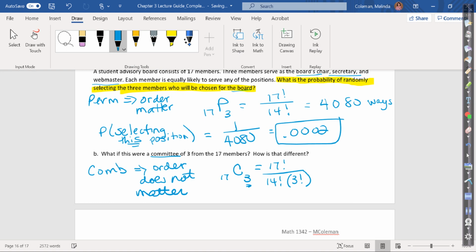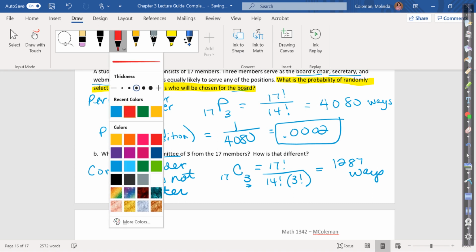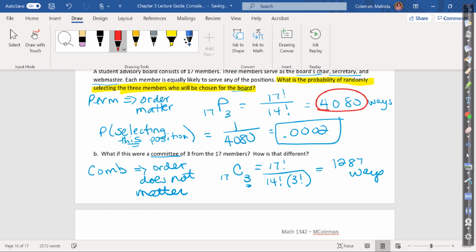And I'll take out the repeating ones. In which case, if I did this, I would end up with 1,287 ways, which is way fewer than the 4,080.